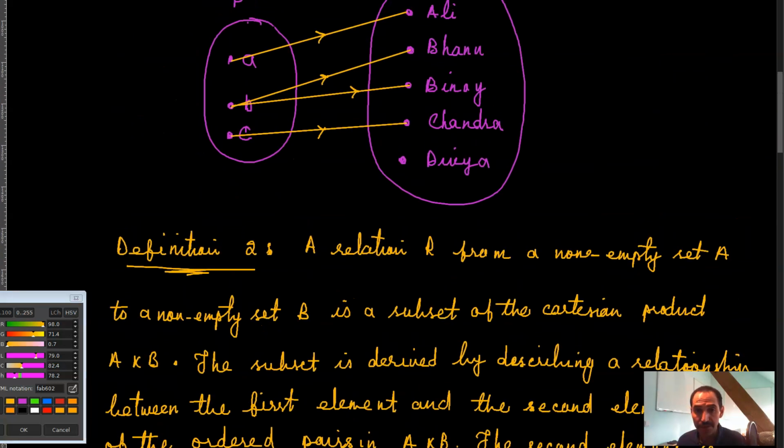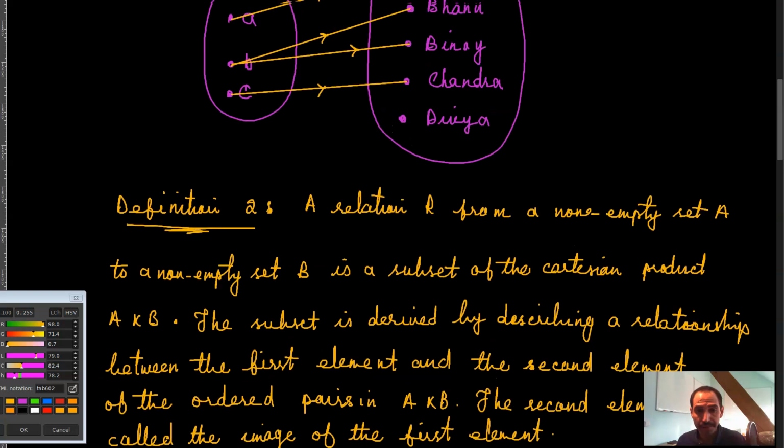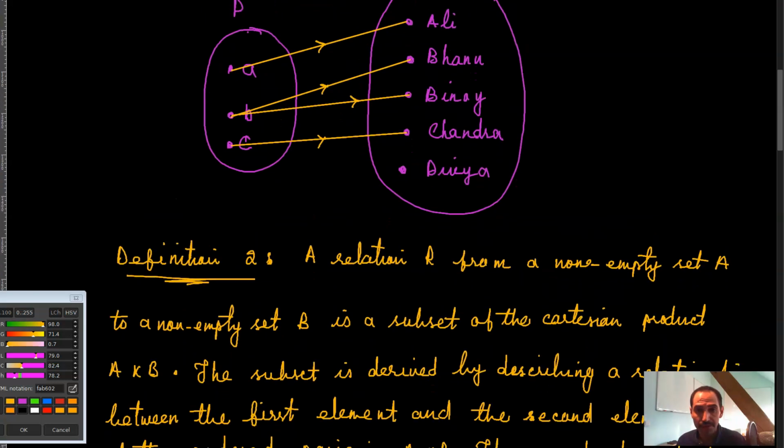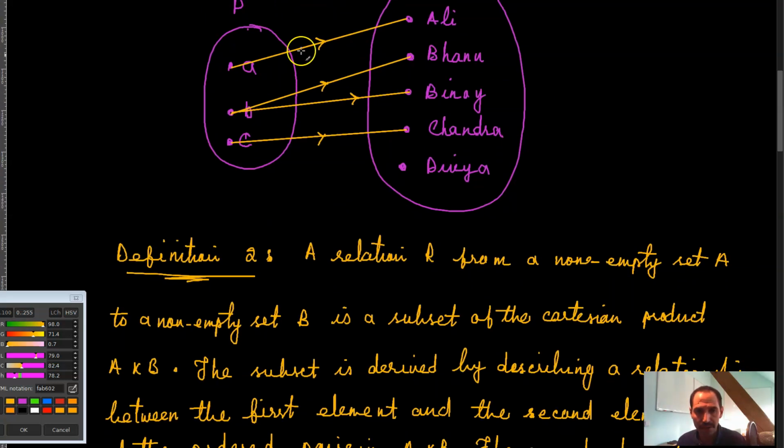So you can see that over here. We have a relation from, let's say, A to B. Let's take this as set A, and let's take this as set B. And a relation from A to B, here basically we define that relation as the rule that the element in the set A was supposed to be the first letter of the name in set B.